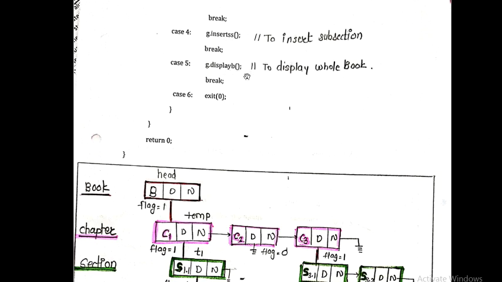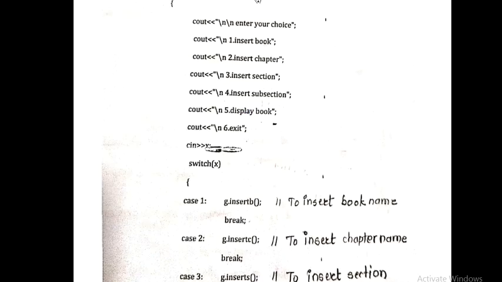And in every case we break using the break keyword, so that the main menu is displayed again to the user. That's why we are breaking the execution. If we do not put the break, then after case 1 it will execute the next case, right? So we need to break. Break means after it, the same choices that we displayed earlier will be shown to the user, right?